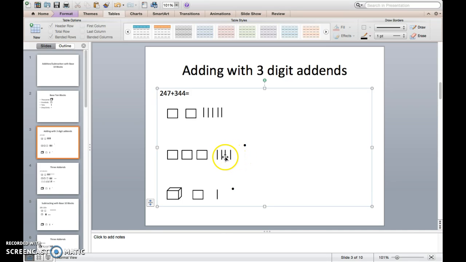I have 1, 2, 3, 4 for 40, and 1, 2, 3, 4, 5. So I'm going to move this up here. So now I should have 9 in the tens place. 1, 2, 3, 4, 5, 6, 7, 8, 9.